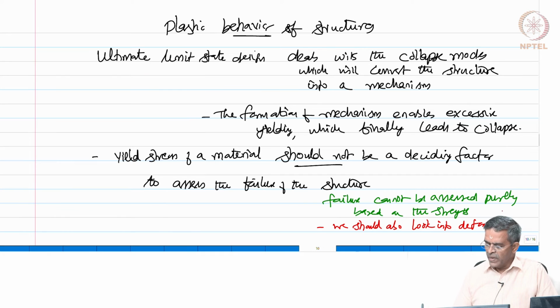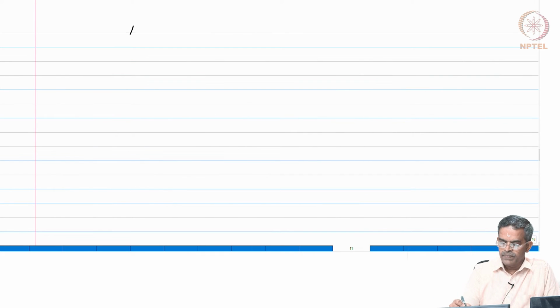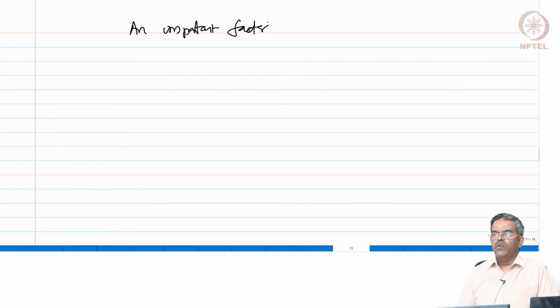So, an important factor which will govern the behavior of material is, as we know, residual stress. So, presence of this will have a false yielding point because of imperfections in the material which is developed during fabrication.